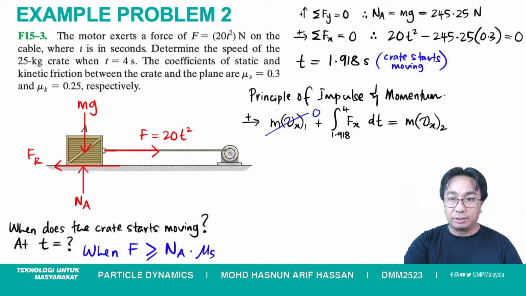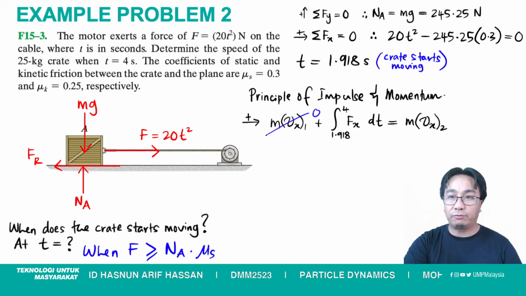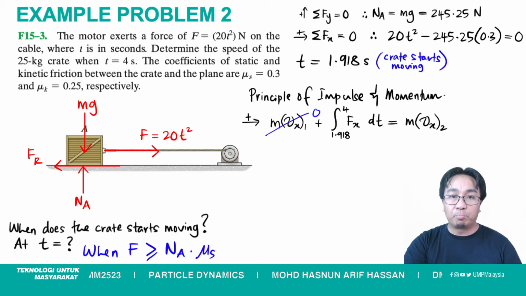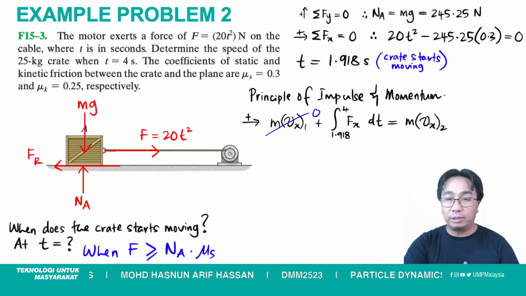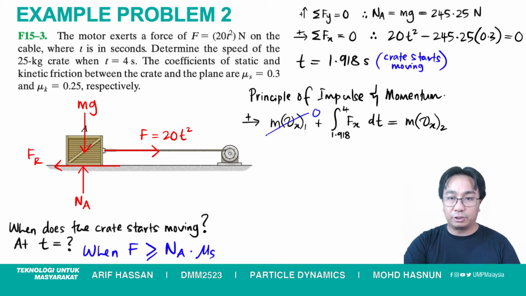Let's look at the friction first. The friction is now the normal force, which is 245.25, multiplied with the coefficient of kinetic friction, mu k, because the crate is already moving. So we are no longer using static friction, but we use the kinetic friction.